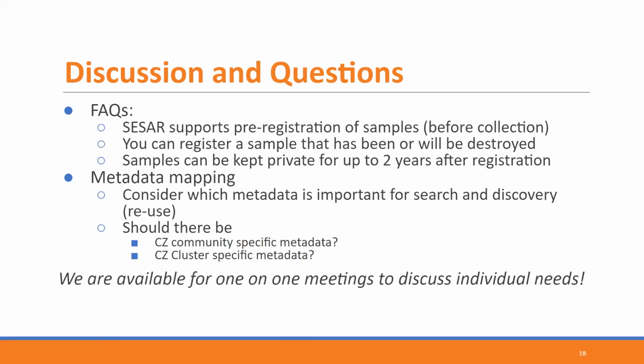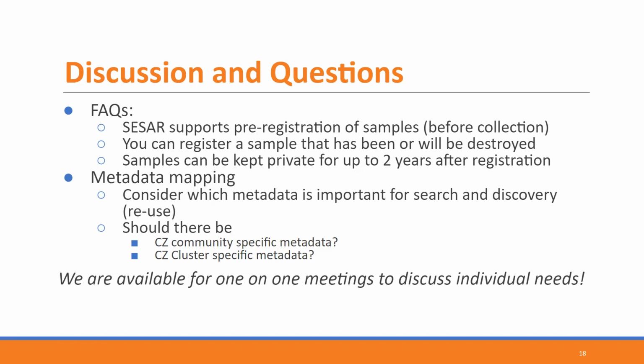And then some of the other things that we've done, and I didn't get into it here because I wasn't sure how much had been discussed, is we've also worked with different communities where we develop a community recommended profile. Right now we're working with the TEFRA community I mentioned earlier, and they've created a SESAR template where they said, these are the fields we would like to see if you're submitting TEFRA samples.